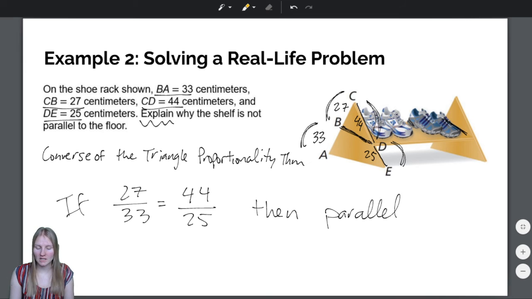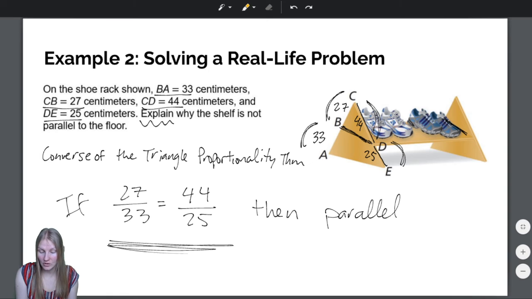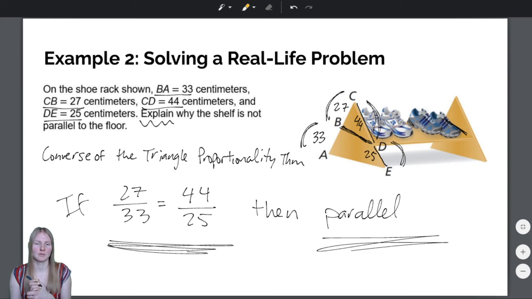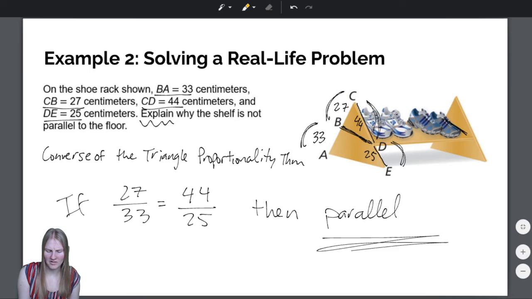So this is similar to the last problem, but in the last problem we knew that these were parallel and we were trying to find a missing side length. Here, we don't know that these are parallel, but if these are equal, then they're parallel. So are these equal? Let's see.